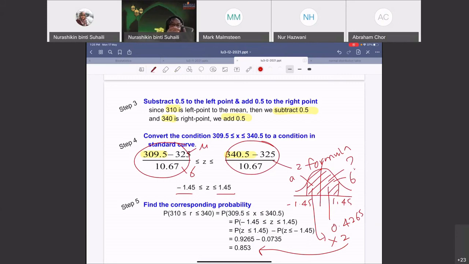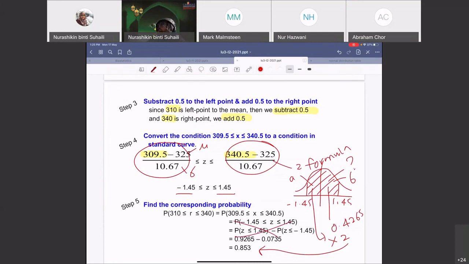Is it correct? This workout is a bit confusing. You just apply what I teach you here, 0.4265 times 2, 0.853. Don't refer to this. It's actually correct, but it's a bit confusing.